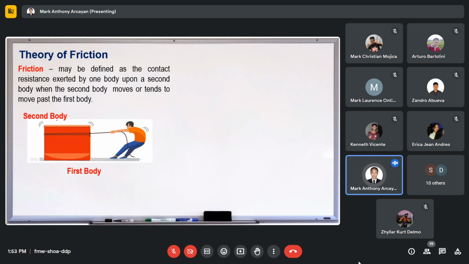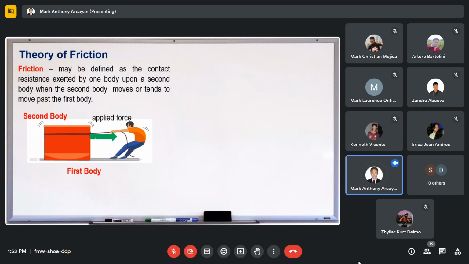So this second body moves or tends to move past the first body. Now, na-move ni siyang orange box due to this person nga iya siyang gipull. Okay? So, with this, naay resisting force, no? Naay resistance. Kay kung wala pa ni resistance, di ni kapuyo ning tao diriya kung bira ni ani.